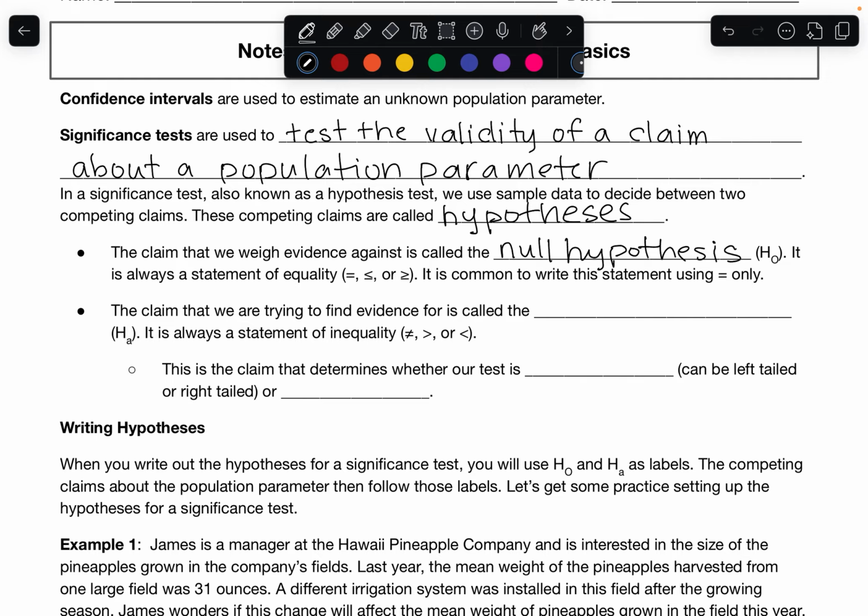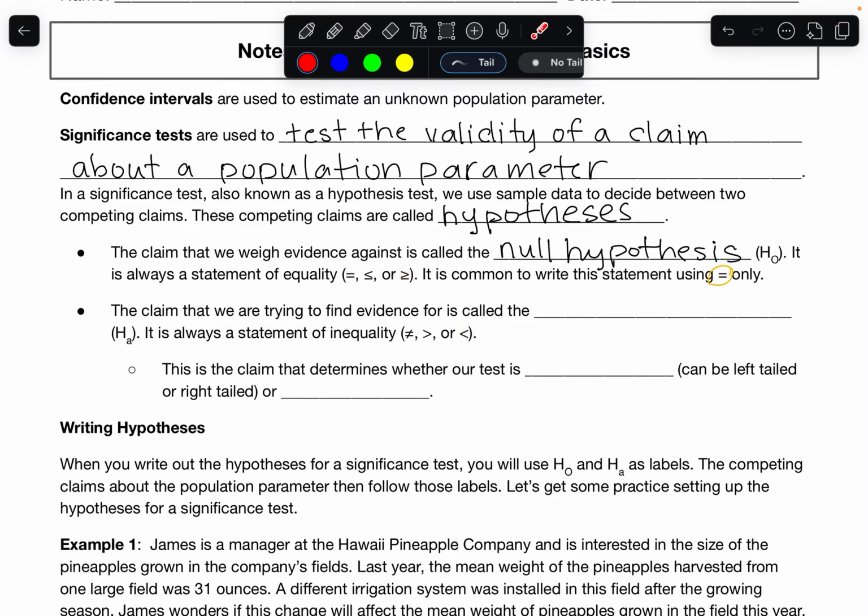We are going to write these statements strictly as equality. If you take stats again, some statisticians will use a less than or equal to or a greater than or equal to, so that when you look at the other type of hypothesis, which we're going to look at in just a second, the two symbols complement each other, meaning they cover the whole number line.